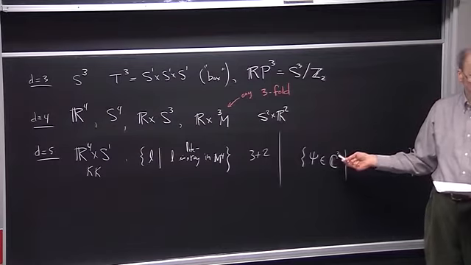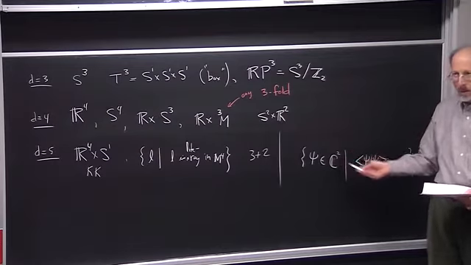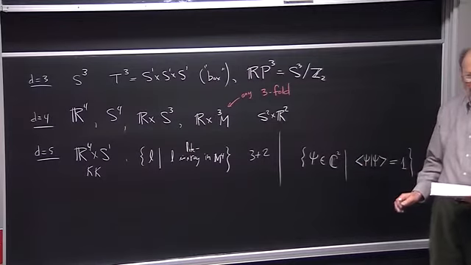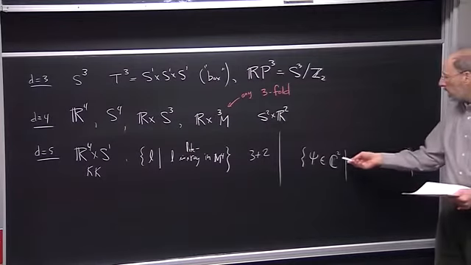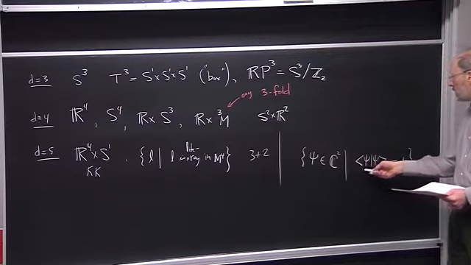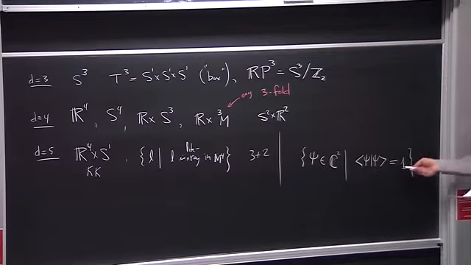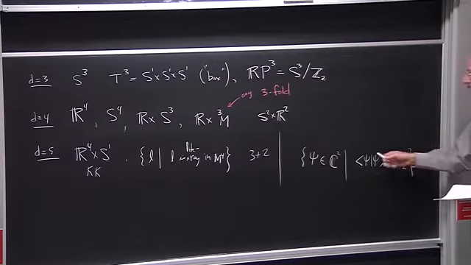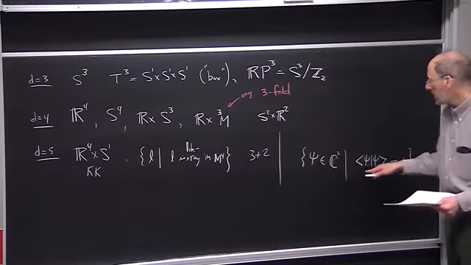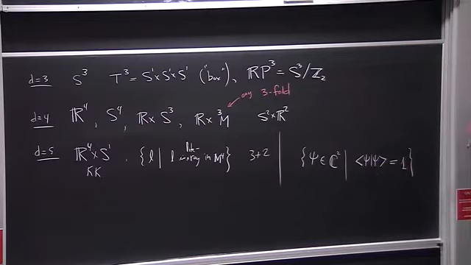How many real numbers does it take to specify 2 complex numbers? 4, right? So it's 4-dimensional, but now we've restricted it to be normalized, so it's 3-dimensional. This is obvious if you think about what the normalization means: it's just 4 numbers whose squares add up to 1, so it's a 3-sphere.